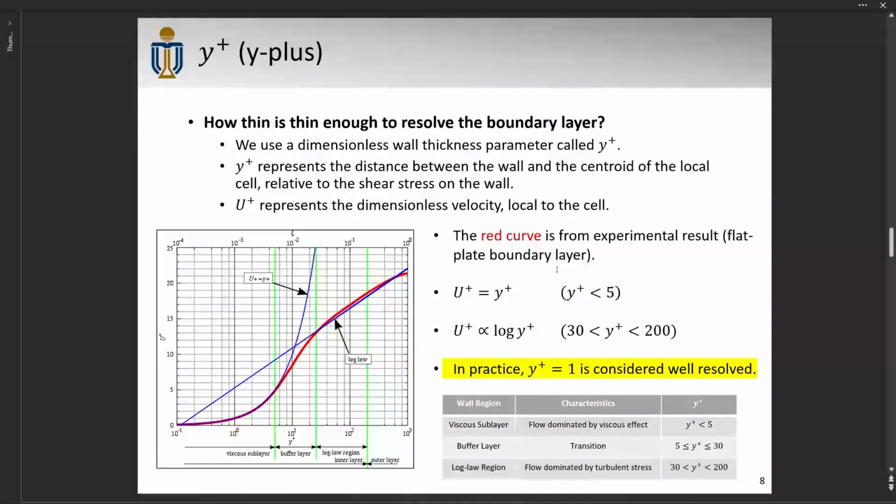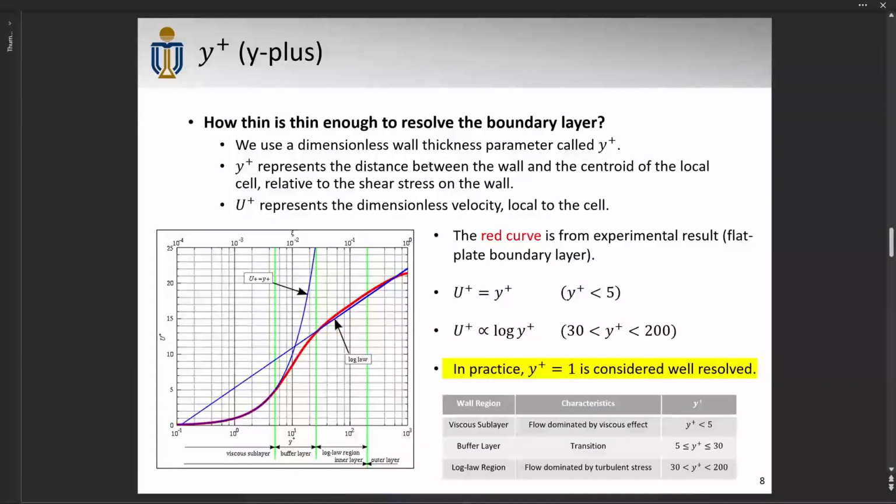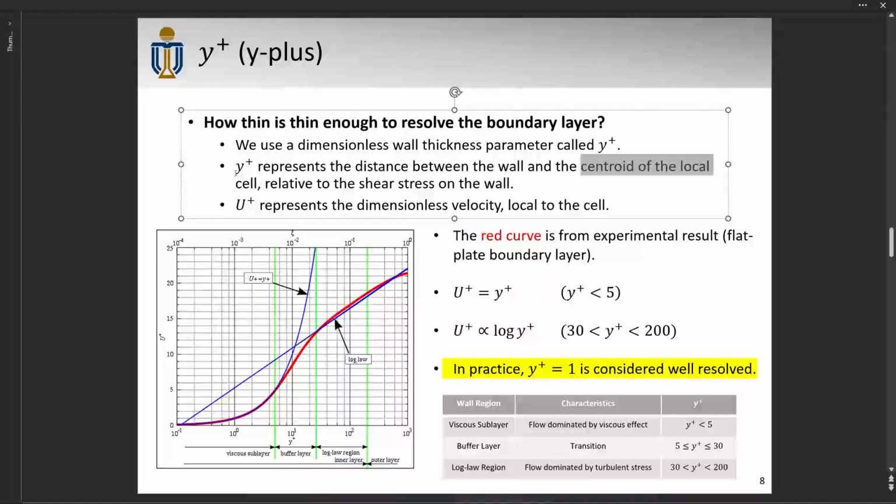And I also talked about the mesh, the cell near the wall, because depending on the height of the first cell, that really changes how things are calculated. So we introduce a dimensionless parameter called y plus, and y plus represents the distance between the wall and the centroid of the local cell.